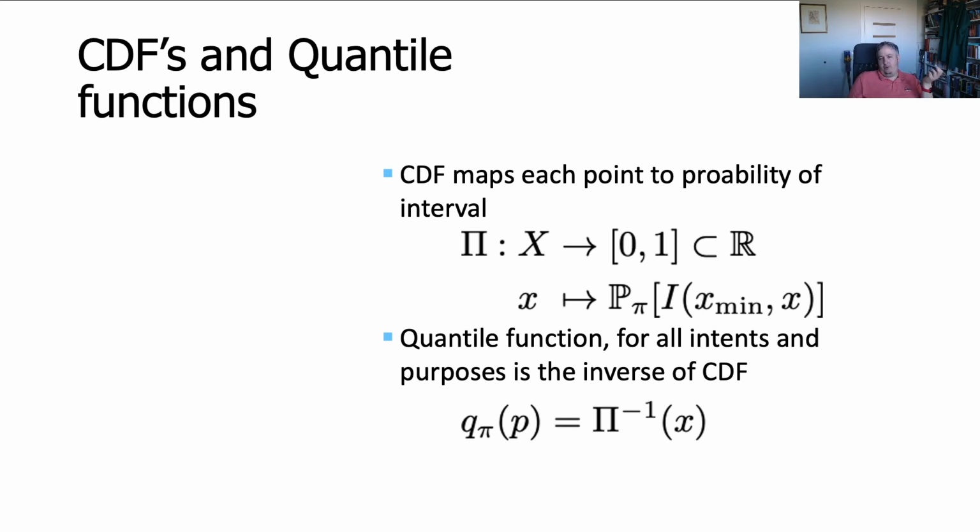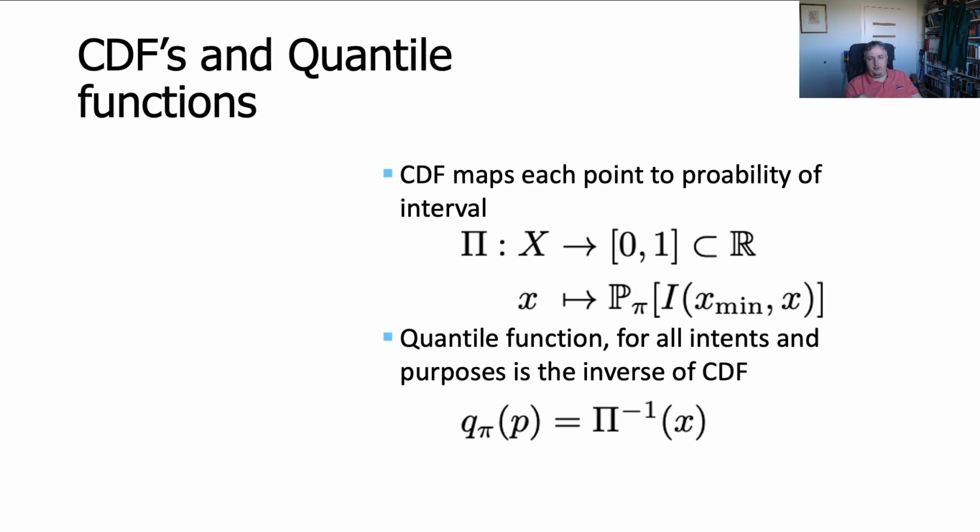Fortunately, especially for one-dimensional distributions, it is doable, because our cumulative distribution function maps the parameter space X into a 0-1 interval of probabilities, that the value is less than or equal to X. The quantile function, for all practical matters, is an inverse of the cumulative distribution function.